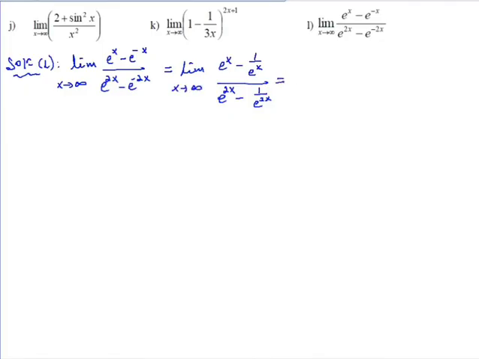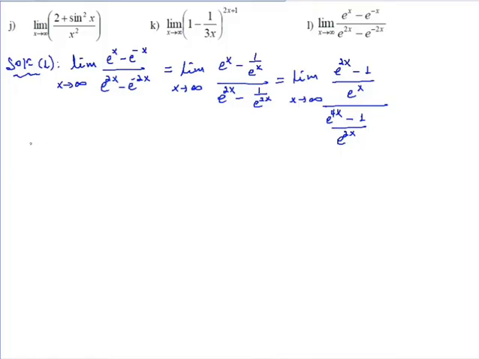Now this means the limit of e to the power of 2x minus 1 over e to the power of x, the whole over e to the power of 4x minus 1 over e to the power of 2x, as x approaches infinity.